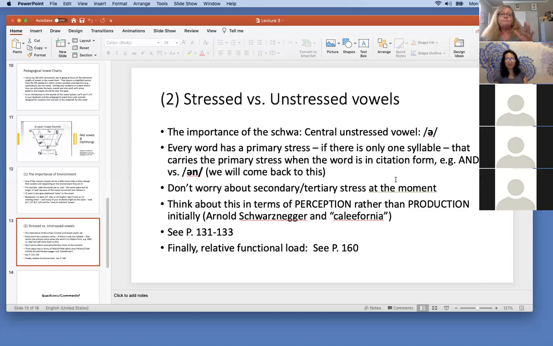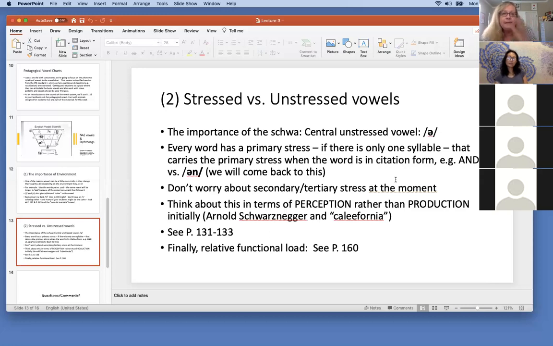That's a production issue, and that depends on your priorities and the priorities of your learner. If they want to say it that way and it's completely understandable, who cares, right? On the other hand, perception of the schwa is super important.